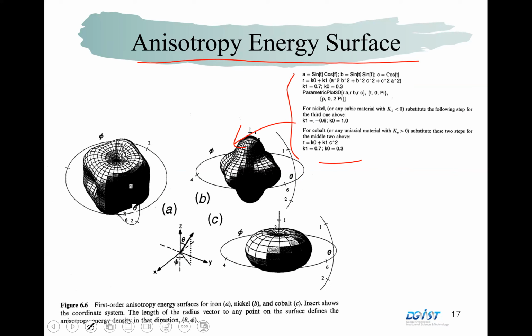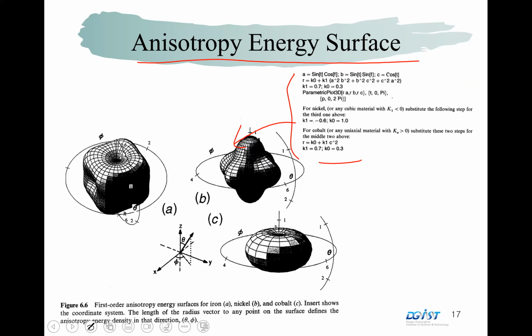So, for example, A corresponds to sine, cosine, and here this is the biaxial case. So the energy of this system is lowest for the directions plus or minus x and plus or minus y.